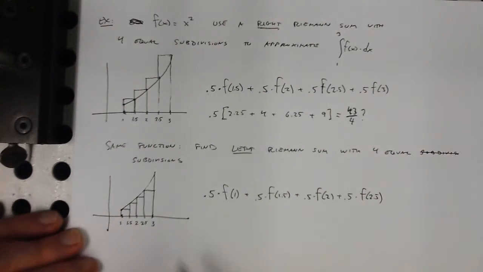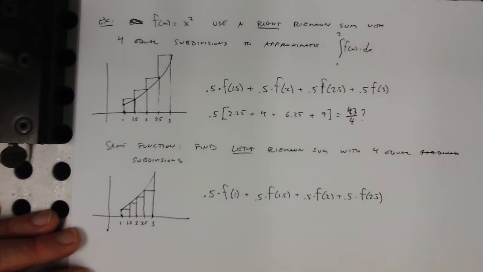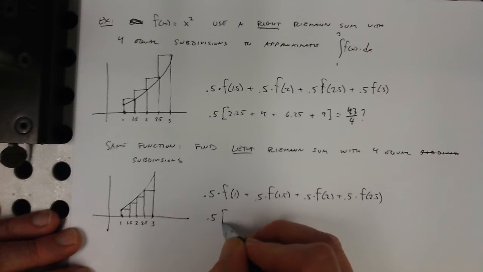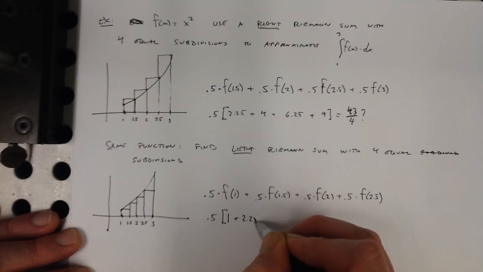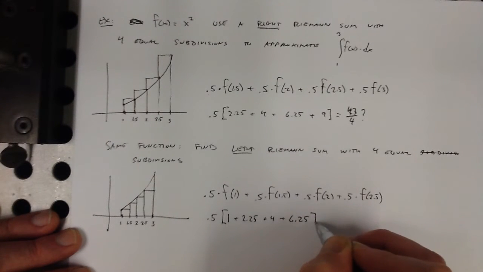There's my 4 rectangles. And now we're using the heights, the left edges, to define the heights of the rectangles. So let's see, f of 1 is just 1, and then I have the same as those 3 values, plus 2.25 plus 4 plus 6.25.